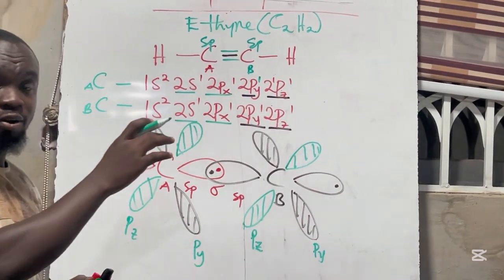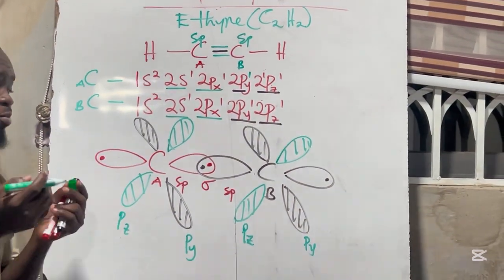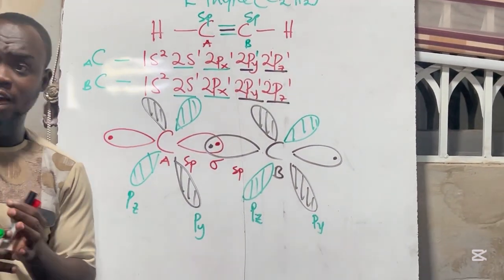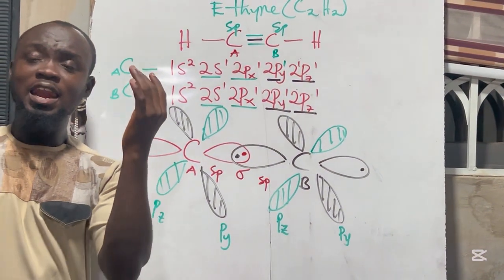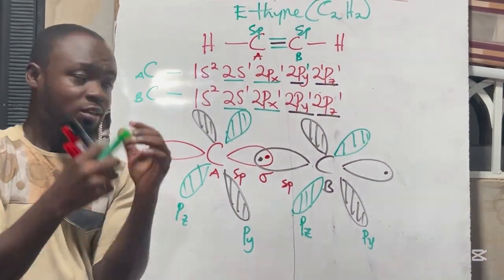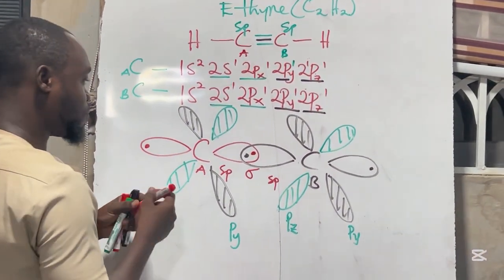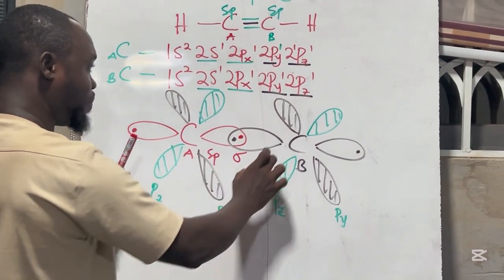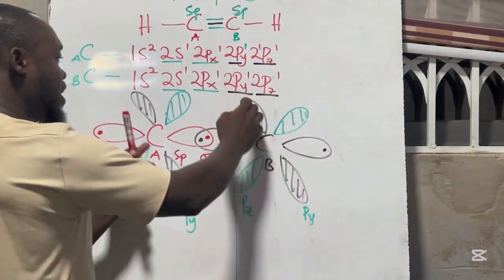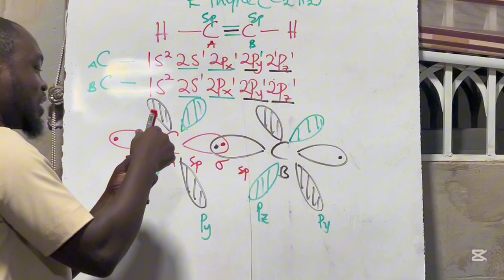Is that okay? So due to the electron accommodation in both the px and py, there can be a lateral overlap. So this py orbital here and this py orbital here, based on their orientation, they can overlap.